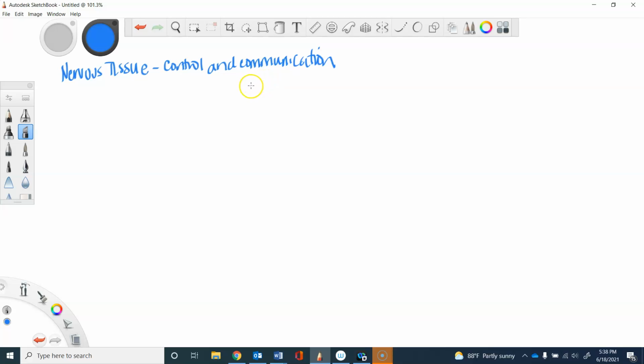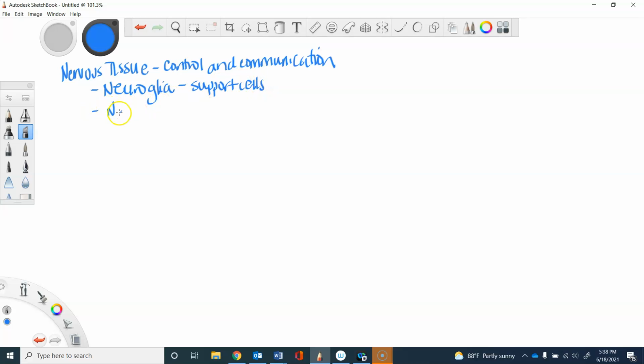There are two basic types of neural cells. All right, the first ones are called neuroglia. And these are supportive cells. They basically help neurons do what they need to do.